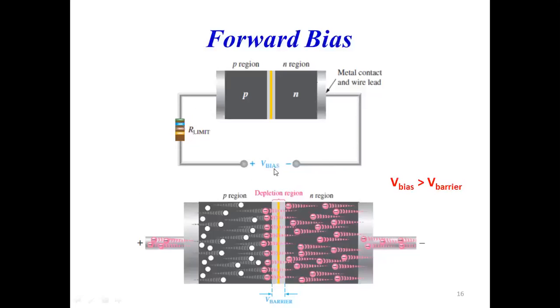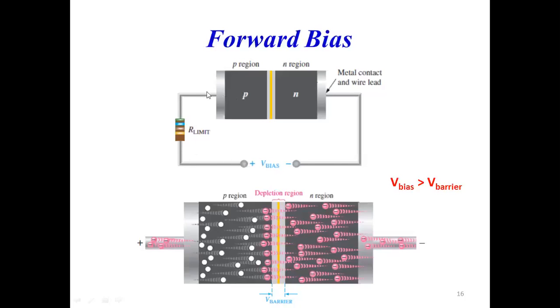This is required in the circuit to control the current which is flowing through the circuit. Okay. Now, because of this bias, this particular diode has become forward biased. Now, we know that holes are the majority carriers in the P type region, and electrons are the majority carriers in the N type region. Now, as I am connecting positive potential to the holes, and holes also have positive charge, what will happen?